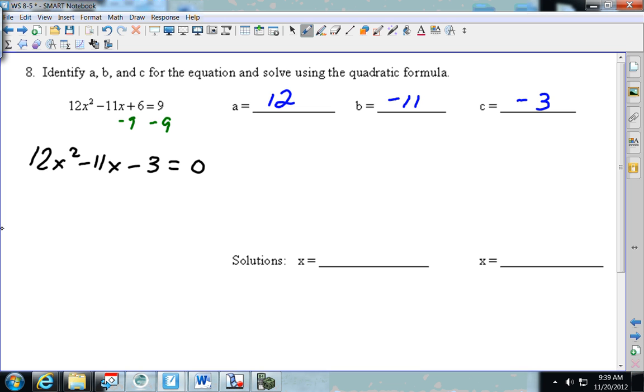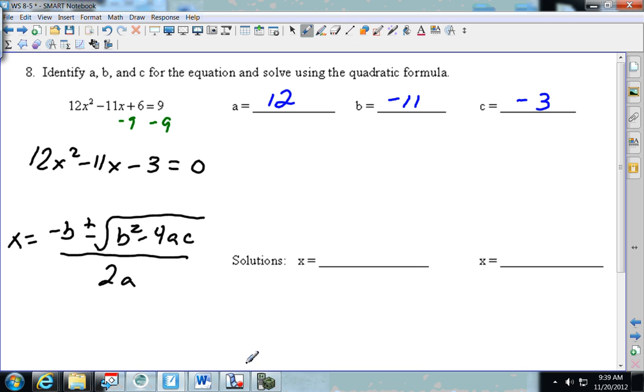Now it says to use the quadratic formula. That formula, x equals -b plus or minus square root b squared minus 4ac all over 2a.